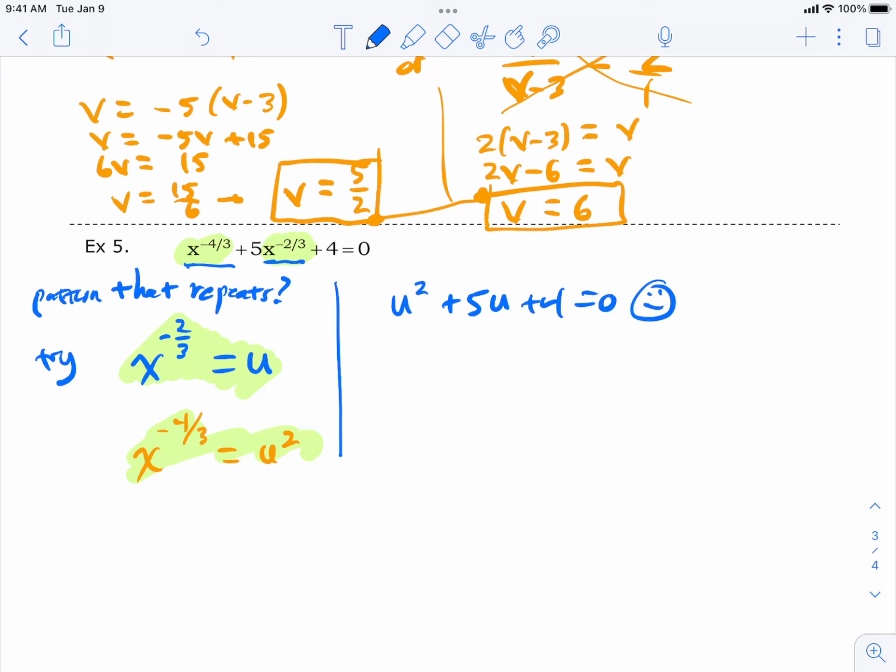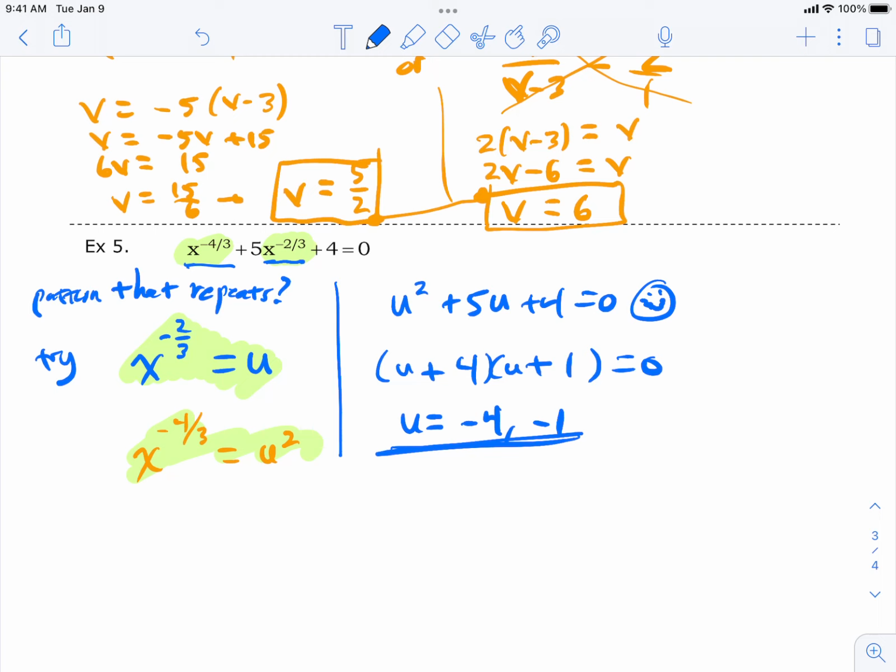It's a cool equation. u squared plus 5u plus 4 equals 0. Okay, factor some more. u squared is u times u. 4 is the same as 4 times 1. And if you FOIL that out, you will get a 5u in the middle. It works beautifully. And so we have our two solutions for u, negative 4 or negative 1.